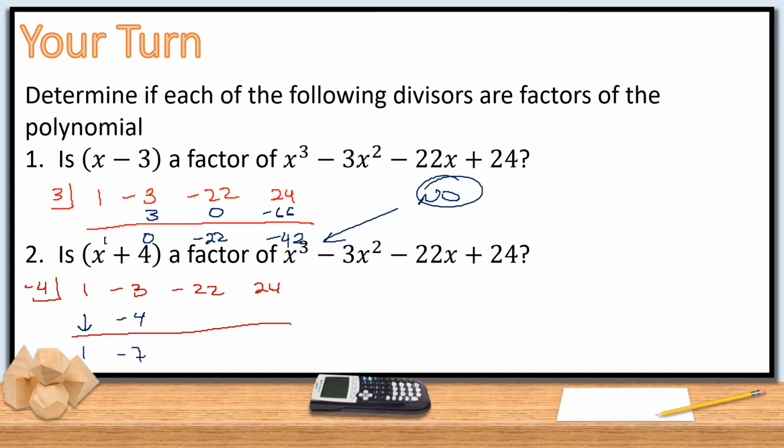Minus 7 times minus 4 is 28. 28 minus 22 is 6. 6 times minus 4 is negative 24. Cancels down to be 0. So we would say yes. x plus 4 is a factor, which means minus 4 is one of the zeros of the quadratic, or of the cubic.